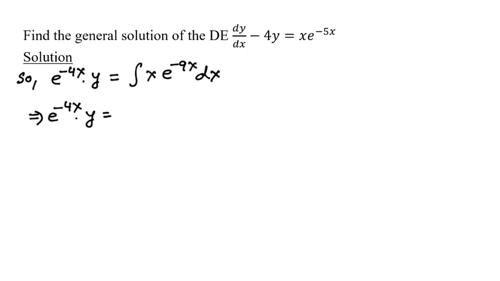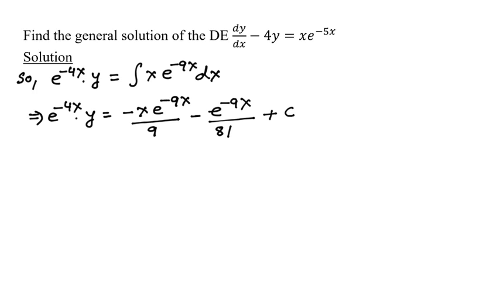On the right hand side, we substitute the value of the integral that we have obtained above using integration by parts, which is negative x e to the negative 9x over 9 minus e to the negative 9x over 81 plus c.